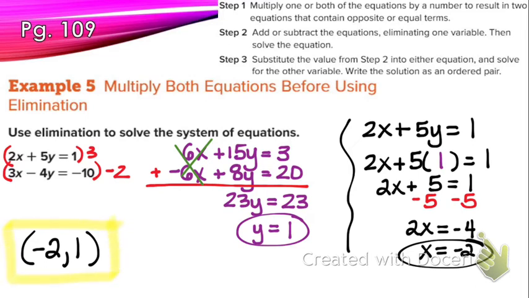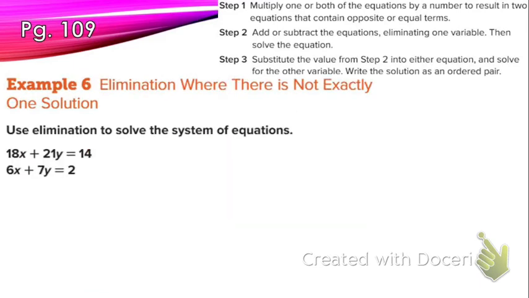So let's look at example 6 together. Now for example 6, this is showing what it looks like when you don't have a solution. They already worked it out for you, but I'm going to explain in a little more detail what they did. They said they multiplied equation 2 by -3.